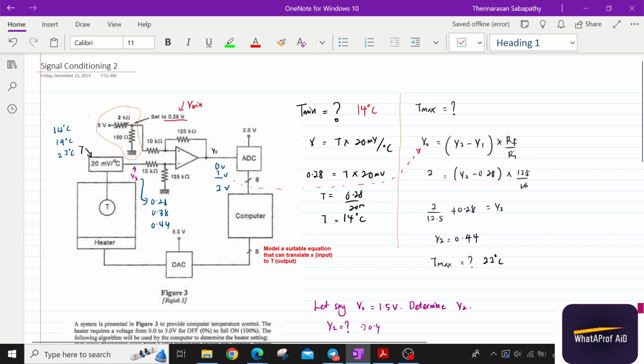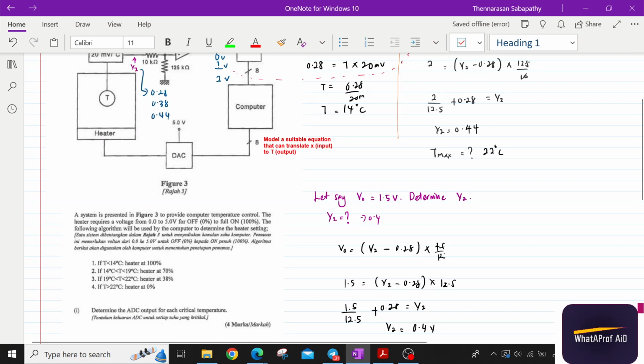So this is V2, and from V2 you can find the T max. That is what we did in the last class: we found the minimum and maximum temperature for this instrument. Later we checked with the question, and yes, that's correct.